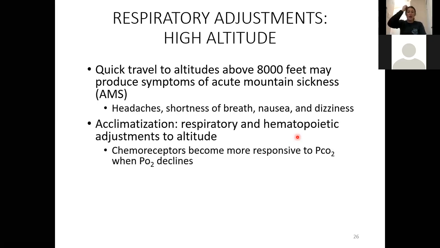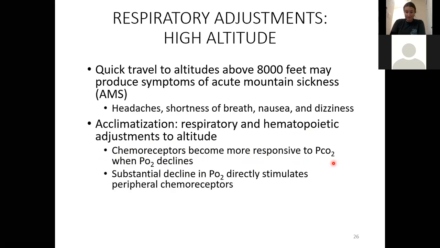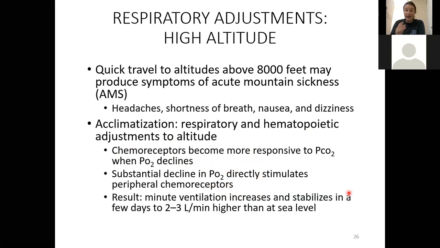And so what this low oxygen environment does is it changes your chemoreceptors to become more responsive to carbon dioxide. Okay, so an even smaller shift in CO2 is going to lead to more rapid breathing. Okay, and it does so because there is less oxygen in the air.